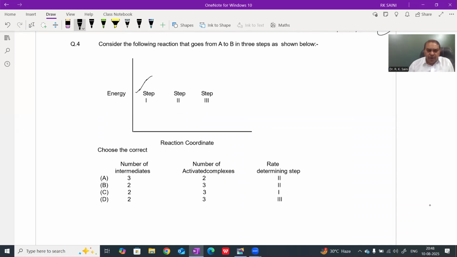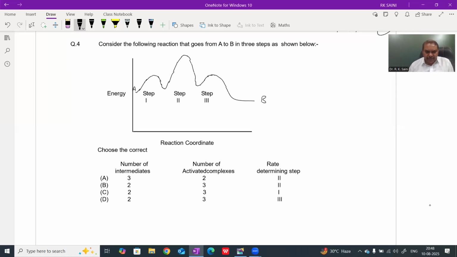This is the graph for the first step, and for the second step the graph is given like this. And for the third step, the given graph is the following. It is product B and starts from A.